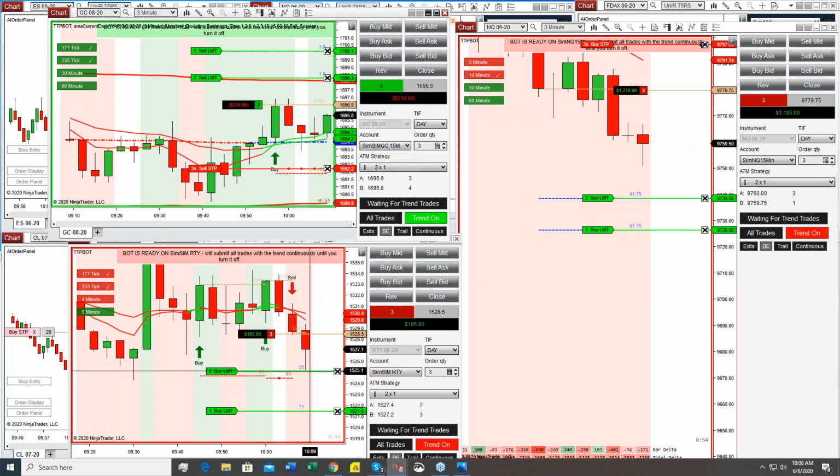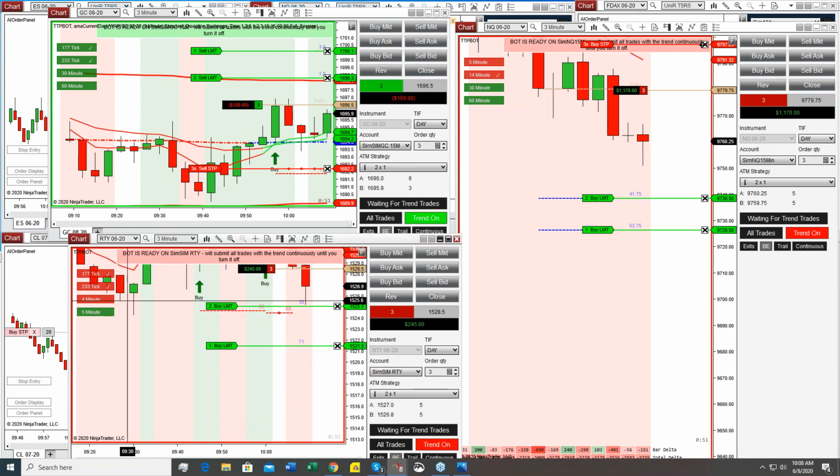Look at this. One tick. Held the absolute last area of support at 25. If 25 breaks, Russell's going to get smoked. There goes gold, if anybody's long gold.